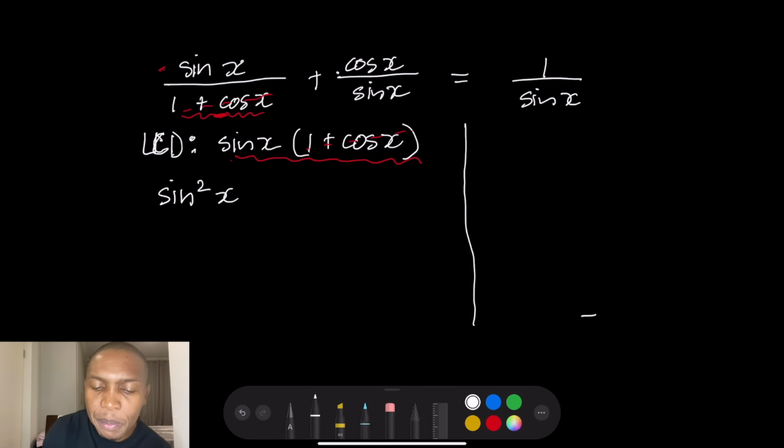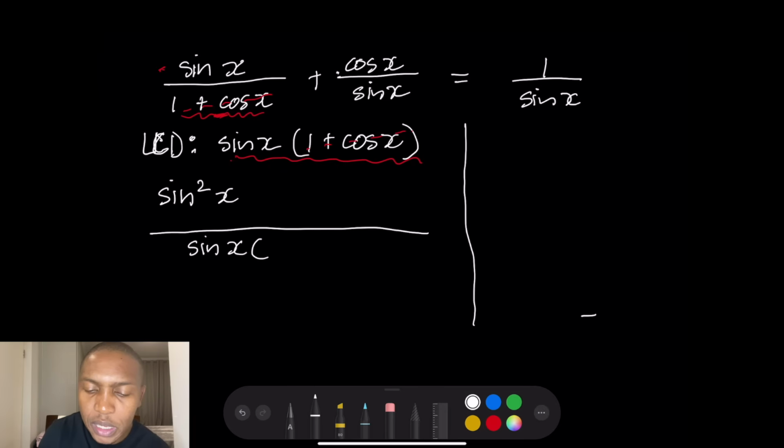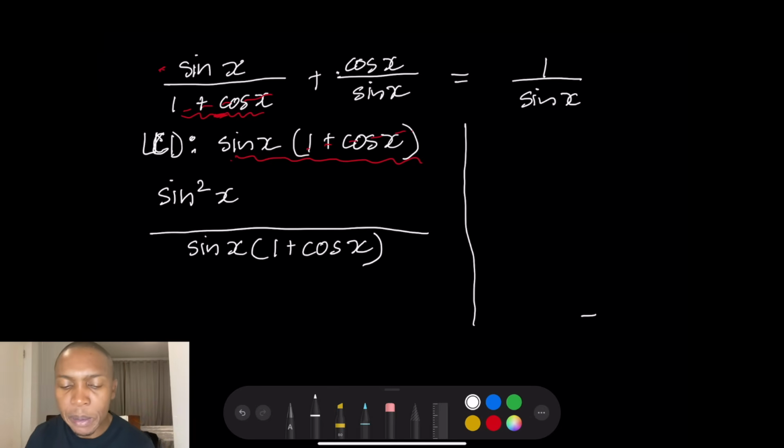All right, so remember, everything should be divided by the LCD. So LCD is sine of x into 1 plus cos of x. Okay, remember, we're taking that whole thing and making it into one fraction. So in this case again, for the next one, this is plus, because we had a plus sign there. Again, we're taking the LCD now. Let me just put it in another color.